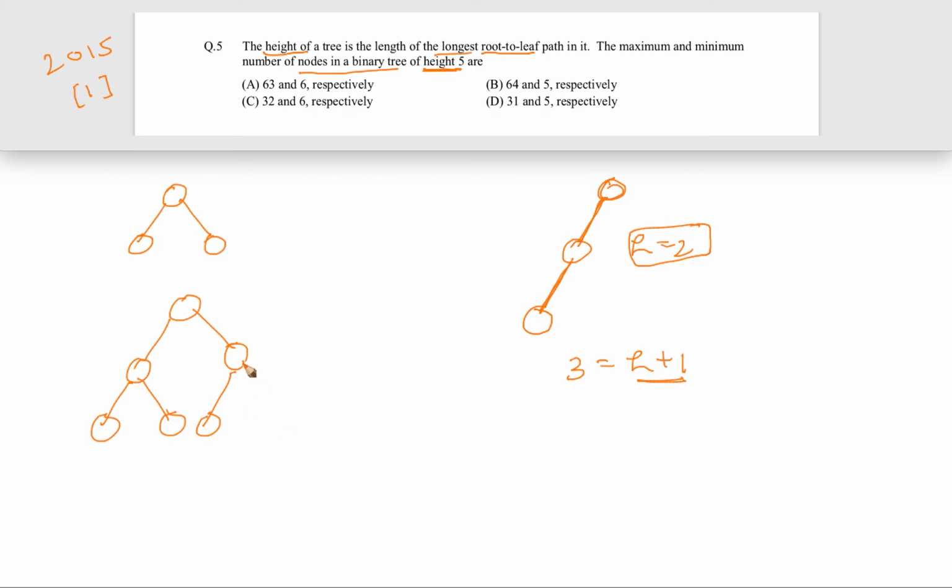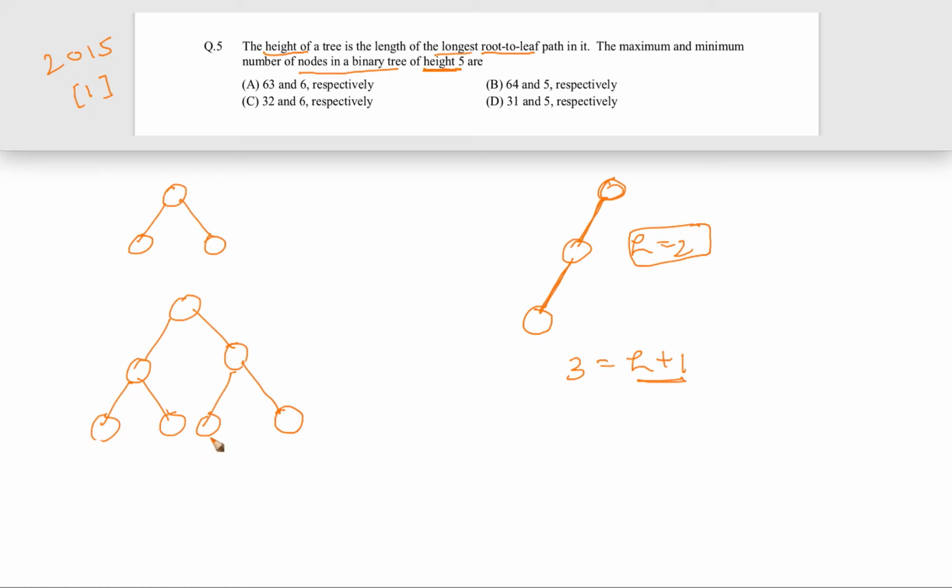If we add this, the number of nodes is increasing, but height remains 2. We cannot add any more nodes. Why? Because if we add any more nodes, something like this, then its height is going to increase. Now its height is 3, not 2. So for a particular height, this full binary tree is going to be the data structure which has the maximum number of nodes.